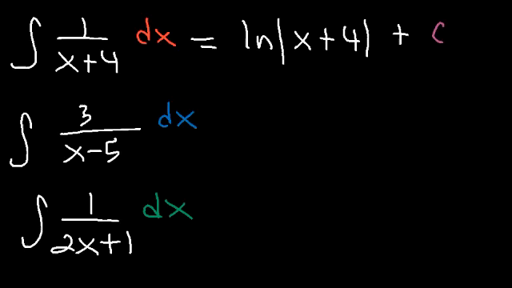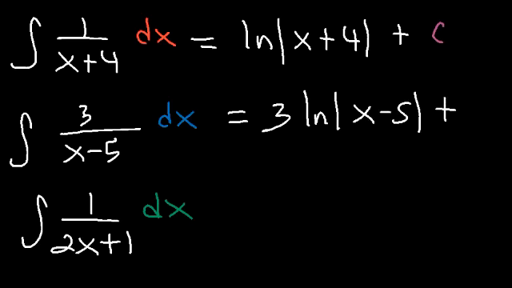Now what about the second one? This is going to be 3 times the natural log of |x minus 5| plus c. Now the last one, whatever's on the bottom is going to be on the inside of the natural log. So it's going to be ln |2x plus 1|.